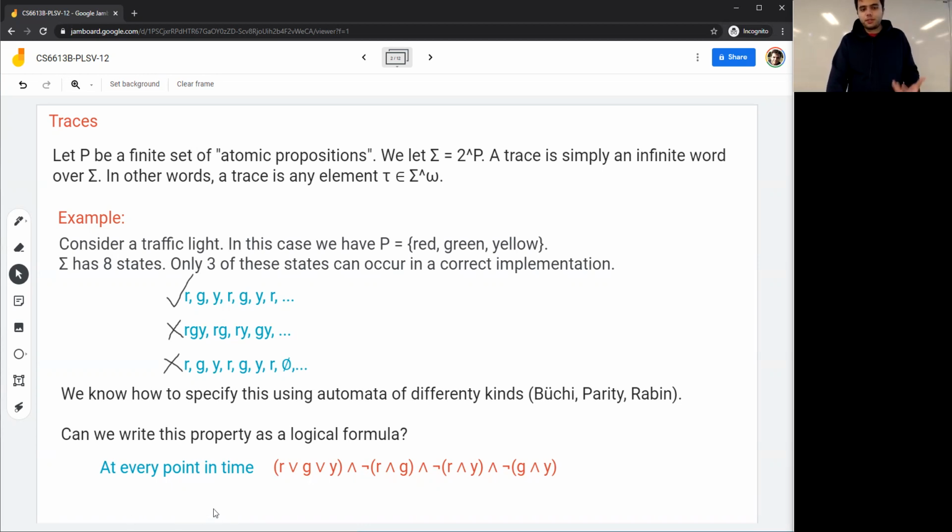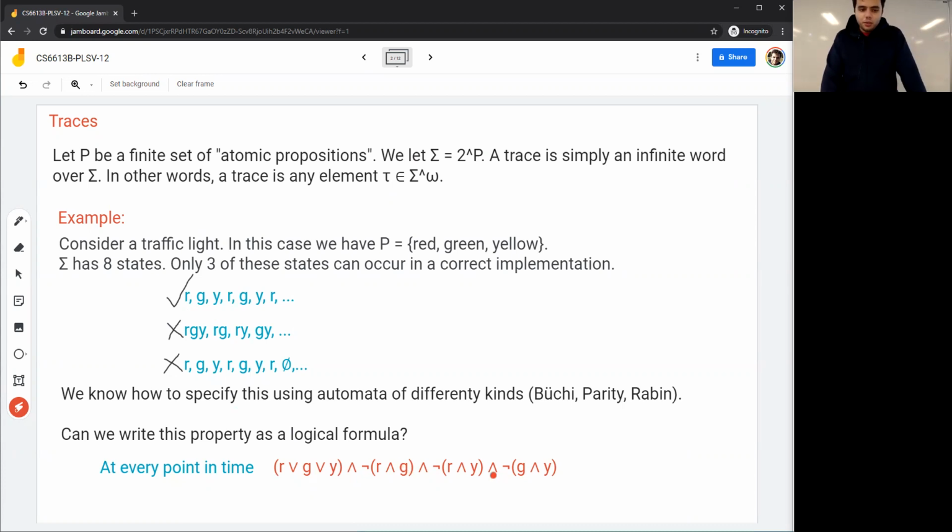But what if I want to actually treat this as a logical formula? How can I write it as a logical formula? So here's the thing. What I want is to, first of all, think of each letter as happening at a different point in time. So at point 0, this is the state of my system. At point 1, this is the state. At point 2, this is the state. Okay.